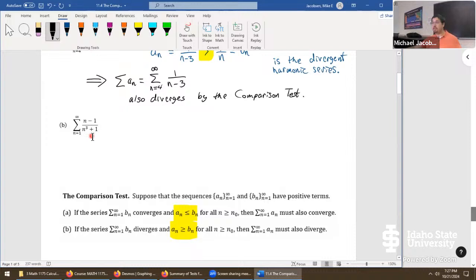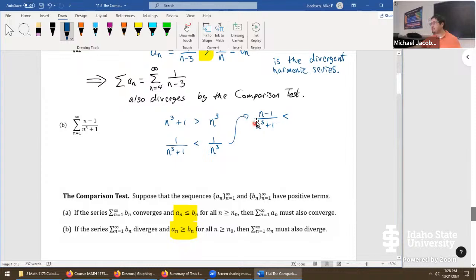If we start with our denominator, we could say n cubed plus 1 is bigger than n cubed. Certainly it's true. We take the reciprocal, we have 1 over n cubed plus 1 is less than 1 over n cubed. So that's focusing on just the denominator so far. We pull in the whole function, we can now say n minus 1 over n cubed plus 1.